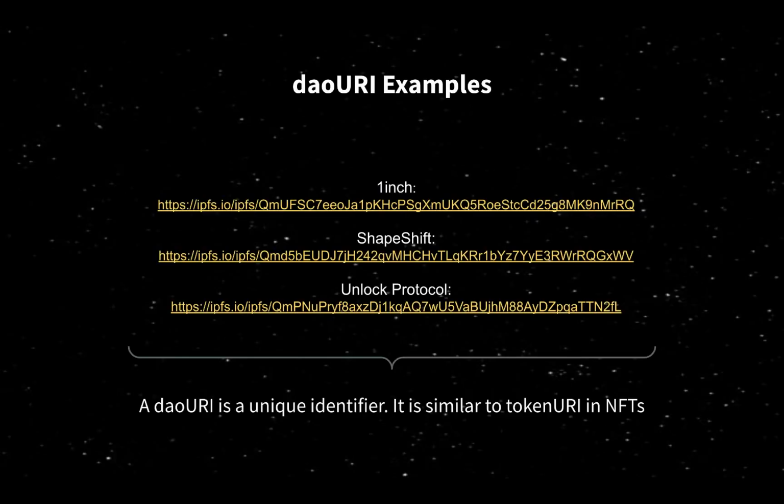Now, this is important because 1inch, Shapeshift and Unlock, if you think about it, are very different organizations. One of them has a fully on-chain governance. The other one operates on a snapshot plus Gnosis multisig configuration, and the other one operates on a snapshot plus reality.eth configuration.